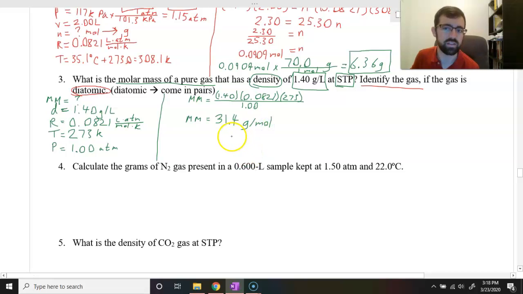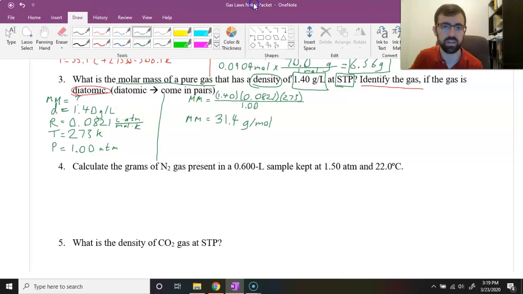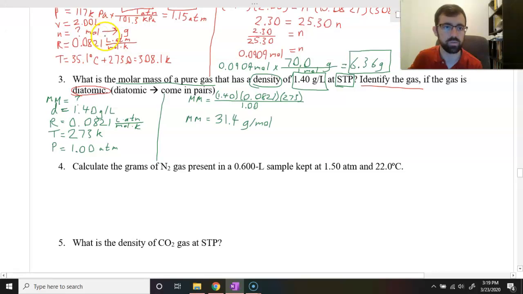So at this point, what we want to do is move on to the next part of the question. It asks us what the identity of the gas is, considering that it's diatomic. I'm switching colors as we go through this. So diatomic means that whatever it is, let's just say that it's X. We're going to call our element X. X2 has a molar mass of 31.4.